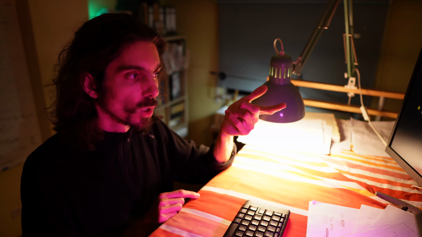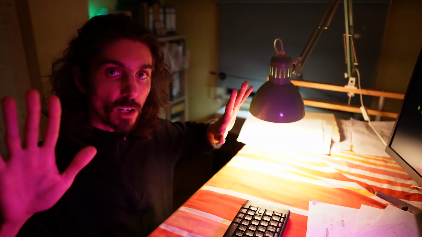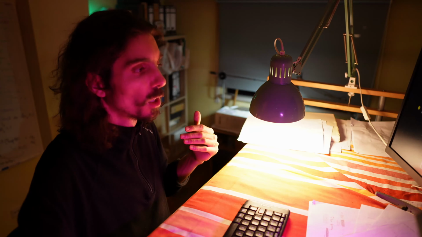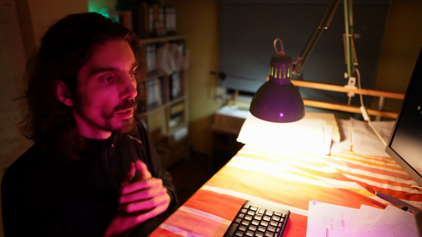With respect to those, I can now write every vector in R squared as some linear combination of these chosen two. With respect to these chosen two, I get these coefficients, called the components of u with respect to this basis.